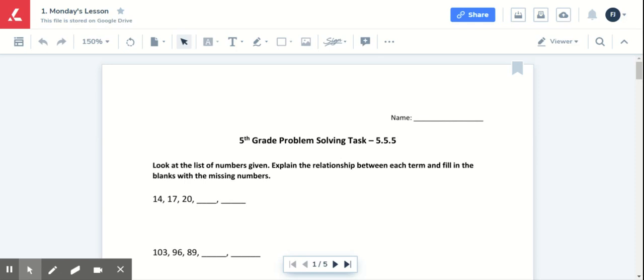So it seems like every time we're going to move from one number to the next, we're going to add 3. If that's true, check your work. Did you also decide that the pattern was add 3? If you did, awesome. If you didn't, go back and fix your work, pause the video, and then come back.